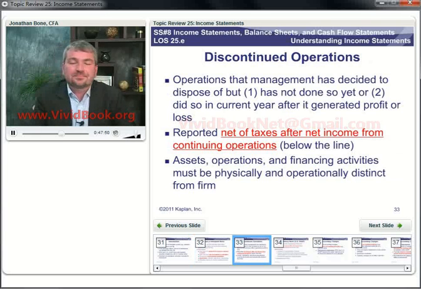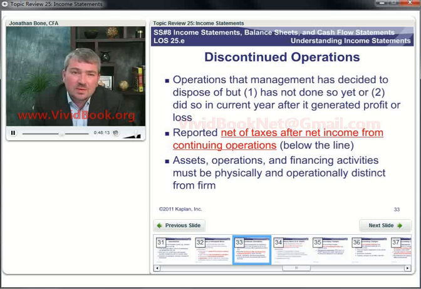Discontinued operations. These are operations where the management has decided to dispose of the operation, but either hasn't done so in the year or did so but part way through a year. Now the key point is, if you decided to dispose of it or did it so partway through this year, it's not going to generate earnings in future periods.